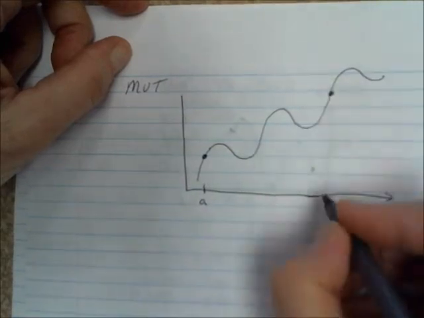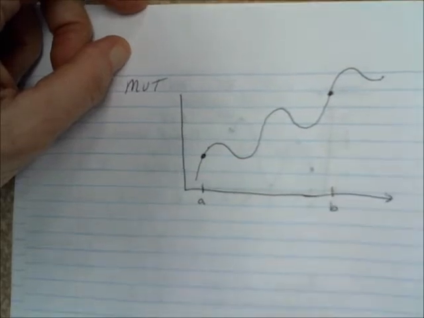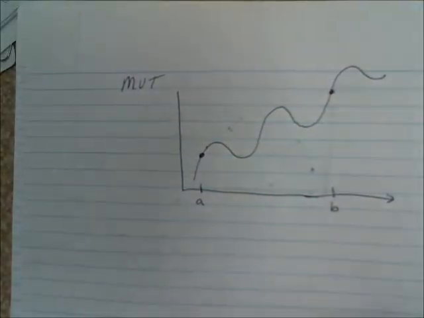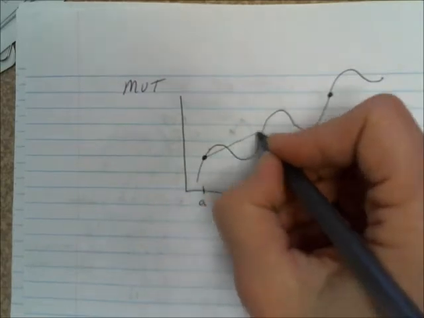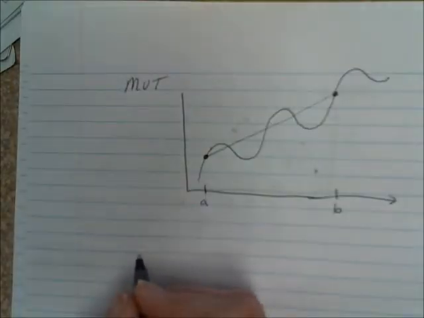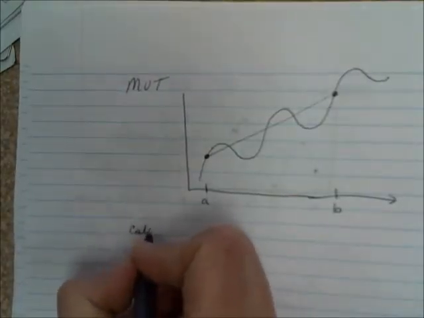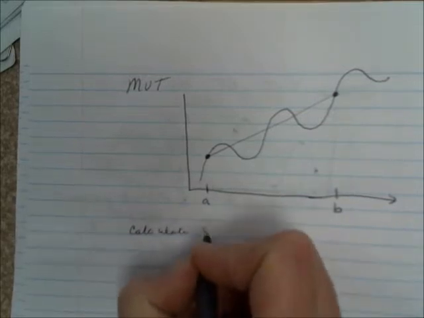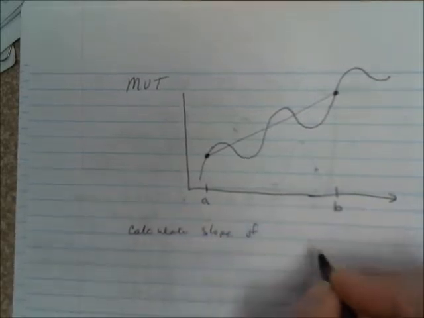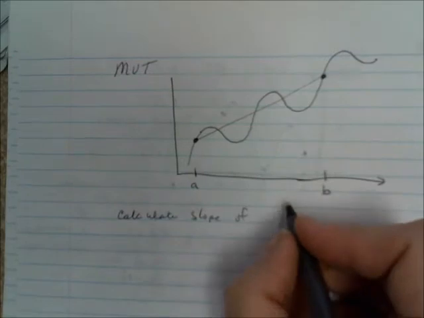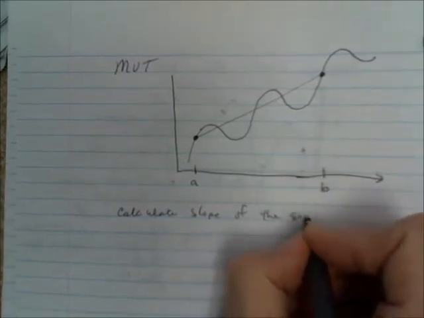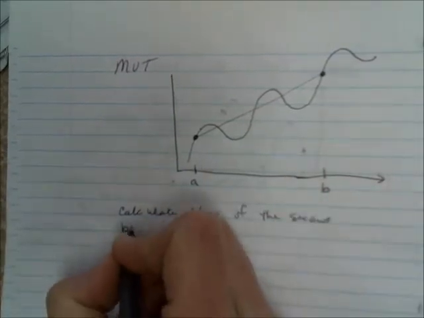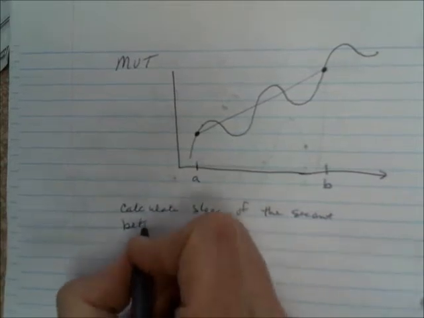Let's say this point right here is equal to B. The mean value theorem says we're going to calculate the slope of this line between A and B. And this line between A and B is called a secant. That should be a geometry term you remember.